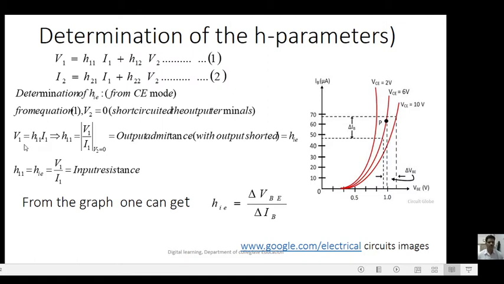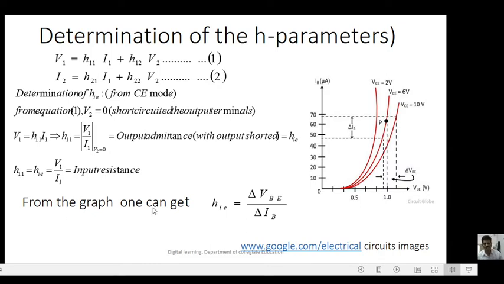So we get V1 equal to H11 I1, which gives H11 equal to the ratio of V1 to I1 at V2 equal to 0, V2 being constant. That is the input resistance with output shorted, known as HIE.